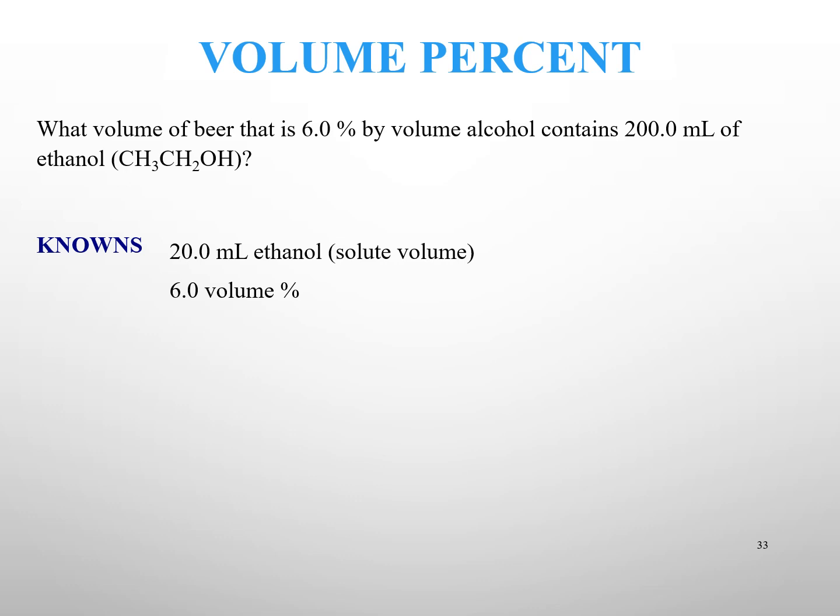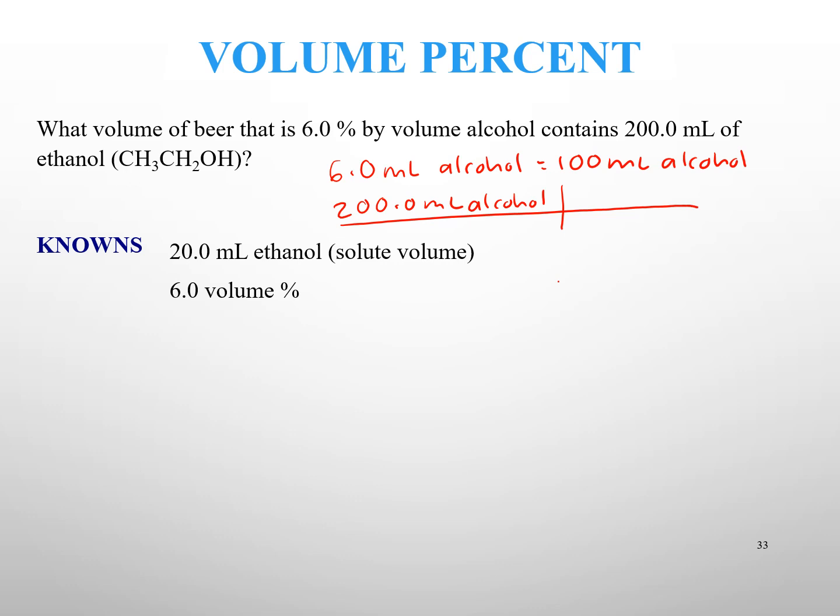So when you see this number here, you can do like what we just wrote. 6% means every time you have 6 mils of alcohol, you can find this in 100 mils of the alcohol. Okay, so then if they want you to find what volume of the beer will contain 200 ml of alcohol, you know that the alcohol, this is solution, okay? So we should call this beer.